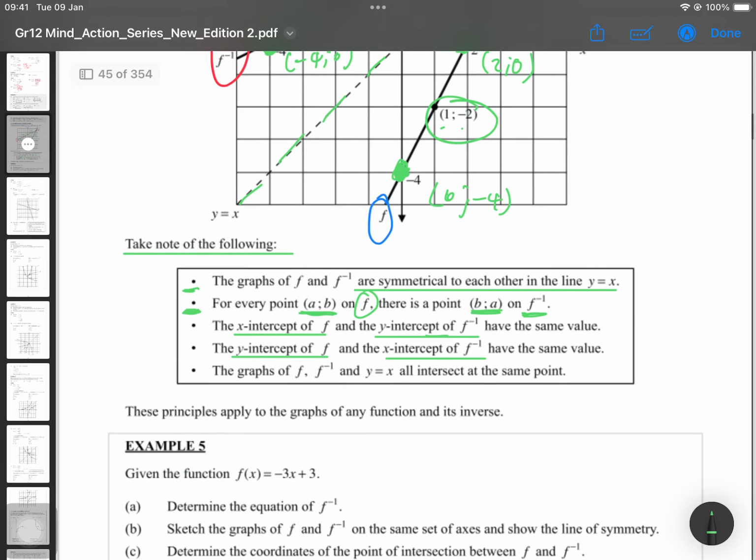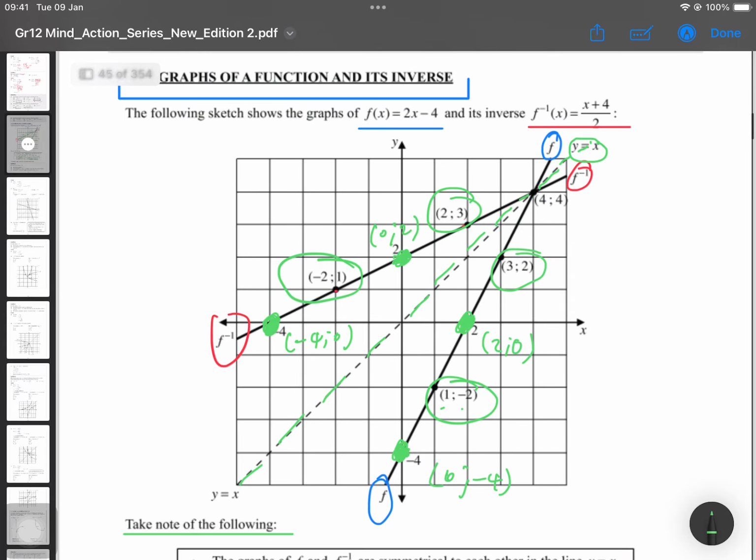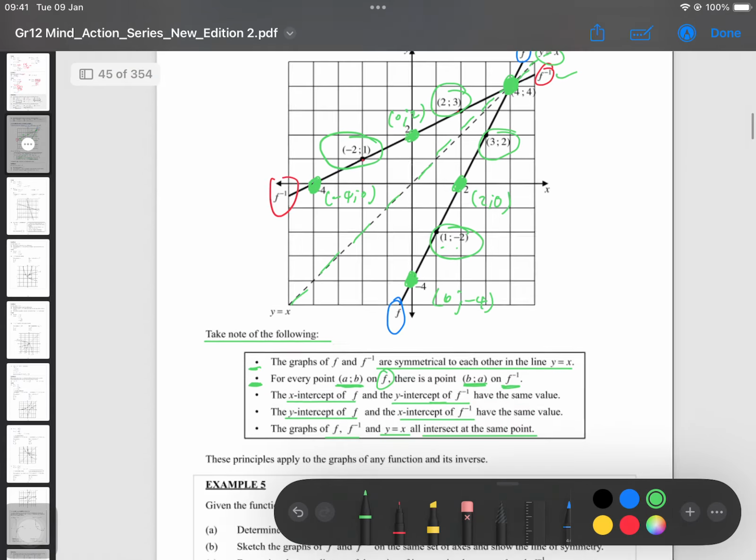Lastly, the graph of f, the inverse, and the y equals x line all intersect at the same point. Let's check them. We have the y equals x line, the original, and the inverse. You see that they all meet here. They all touch there.